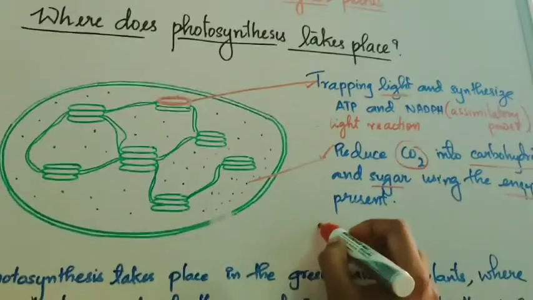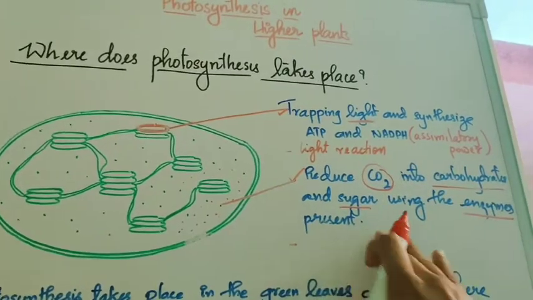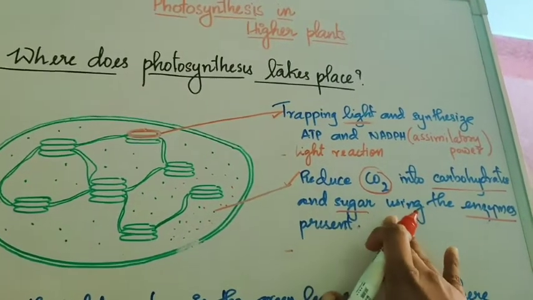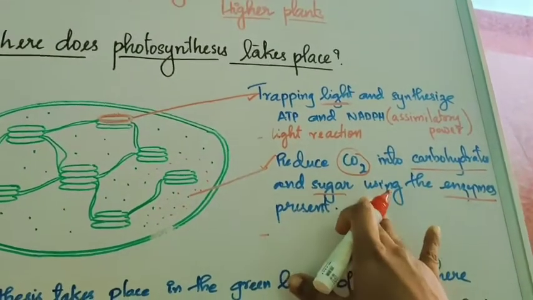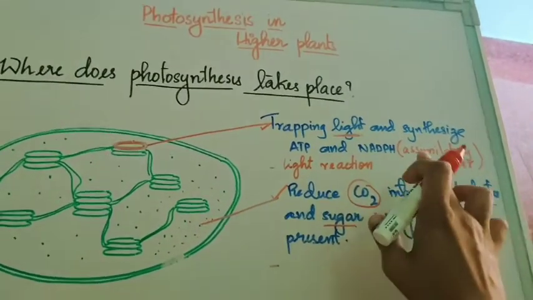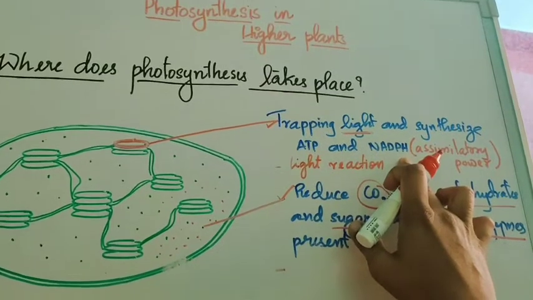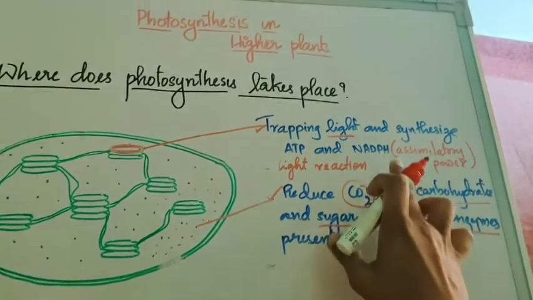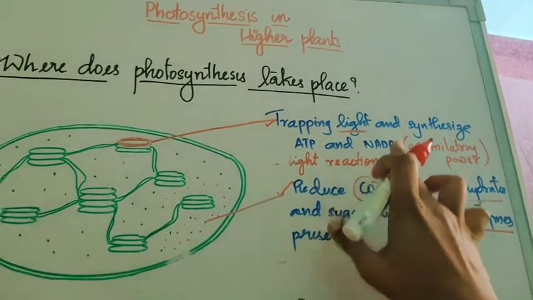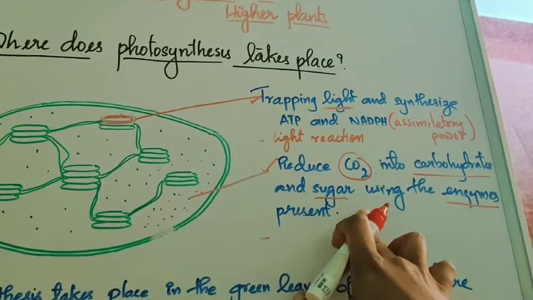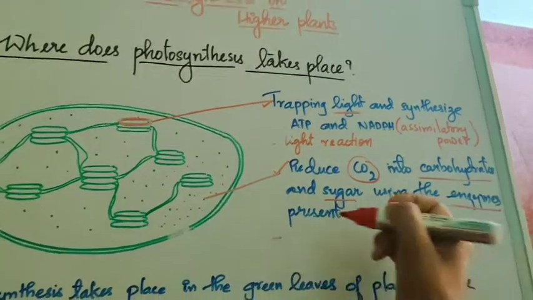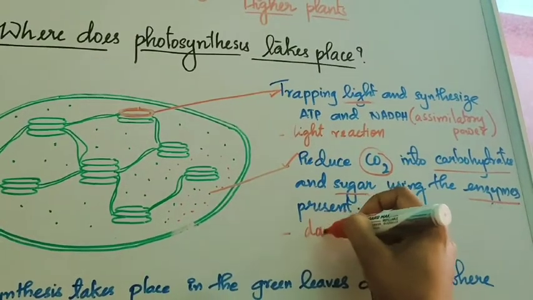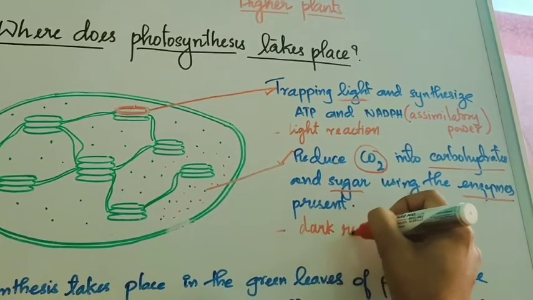Whereas in the second phase, in all the reactions involved, there is no involvement of light. Instead, you make use of all the products formed in the light reaction for their further processing, for the formation of carbohydrates and sugar. Hence, they are simply called the dark reaction.